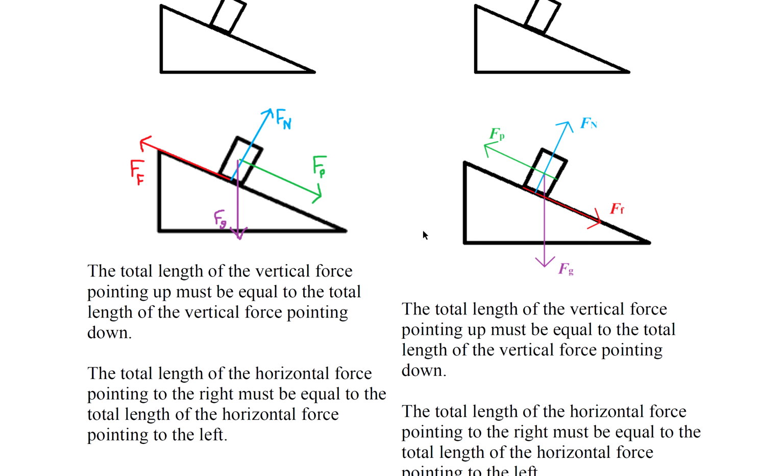So the total length of the vertical forces pointing up must be equal to the total length of the vertical forces pointing down. And the total length of the horizontal forces pointing to the right must be equal to the total length of the horizontal forces pointing to the left. It's difficult to draw these vectors with a perfect magnitude.